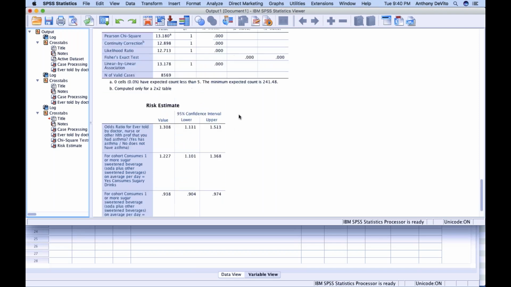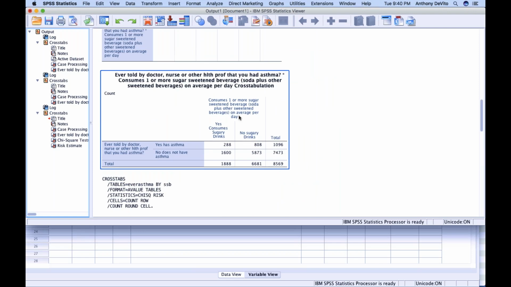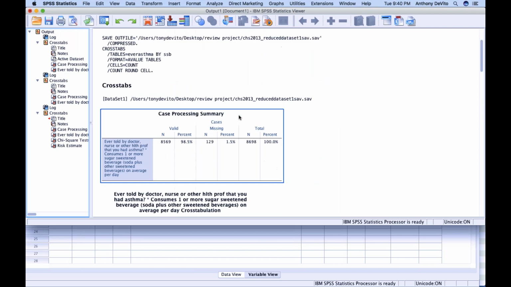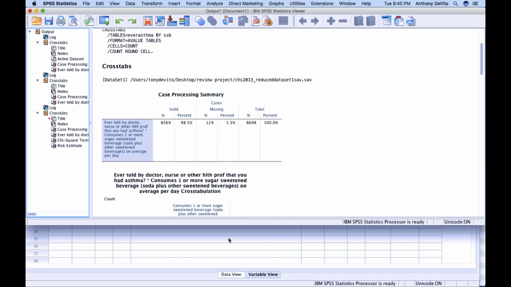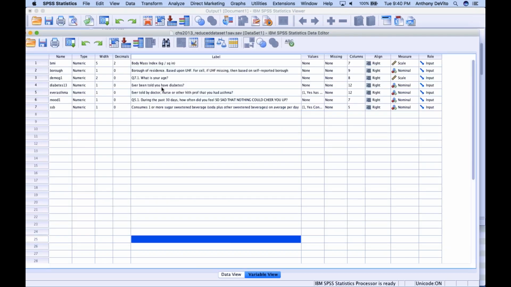Okay, so that's how this worked out pretty well for two variables with a 2 by 2 table that we created. Well, now how about if we looked at a couple of these other variables that we have? So, for instance, let's take a look at whether or not people that drink sugary drinks have a higher body mass index or not. Well, how would I do that?